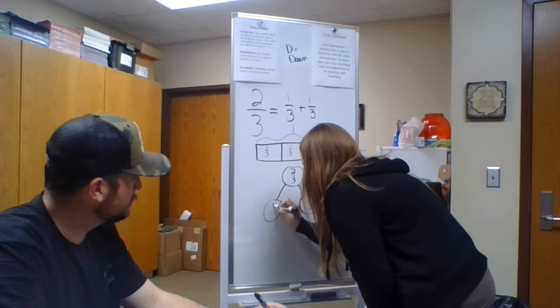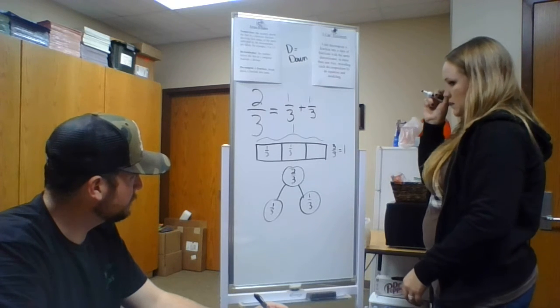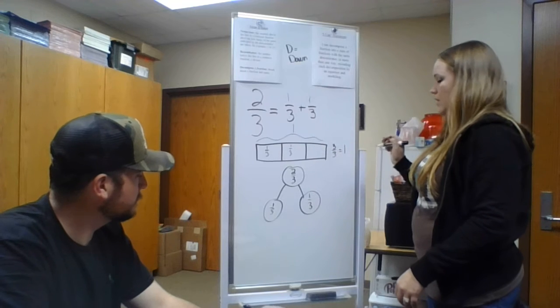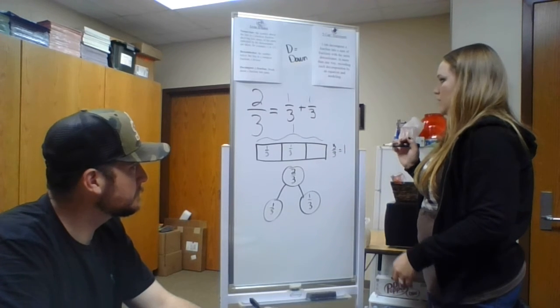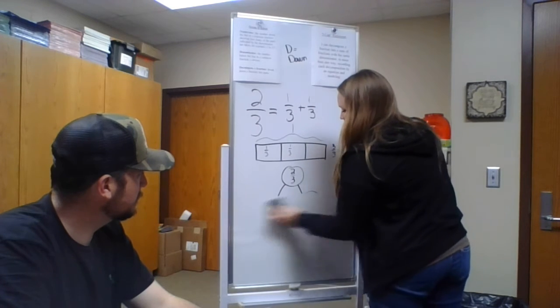So then 1/3 and 1/3. Does that make sense? You go with whatever method works for you. And just ignore this bottom one then.